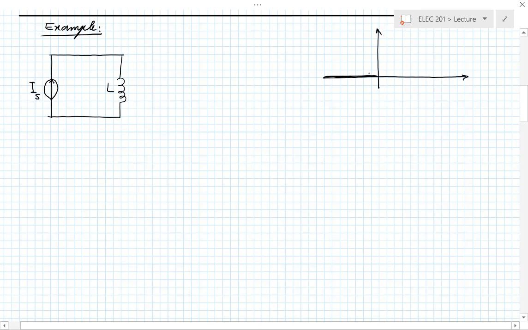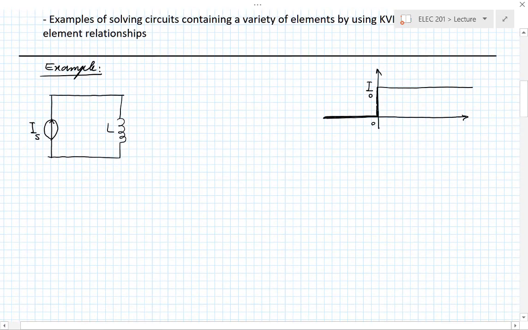So it's 0 for a very, very long time, in principle since minus infinity on the time axis. And at time 0, it jumps suddenly. In no time, it jumps to the value I0. So this is the temporal behavior of the current IS given by that source. Okay?